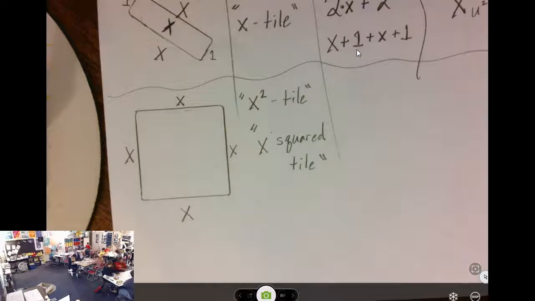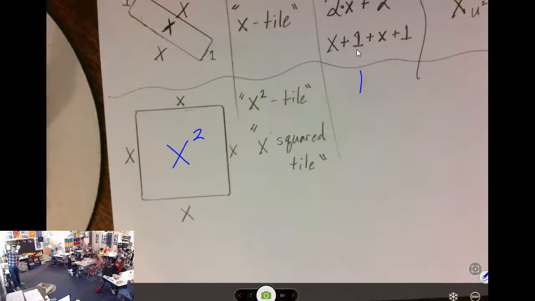So if we were going to name this guy with his area, what is an X times another X? Not X. Not 2 X's. Brendan, why? Squared means you're multiplying something by itself. So on this tile, write X squared inside of it. That is going to be this tile's name because that's his size.